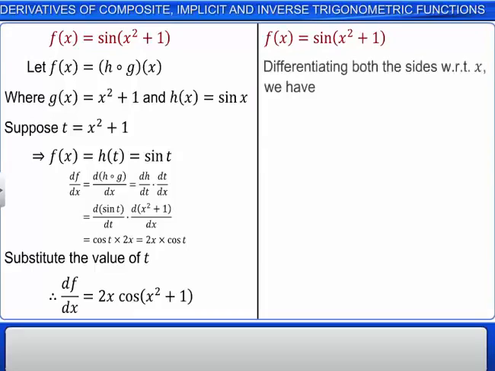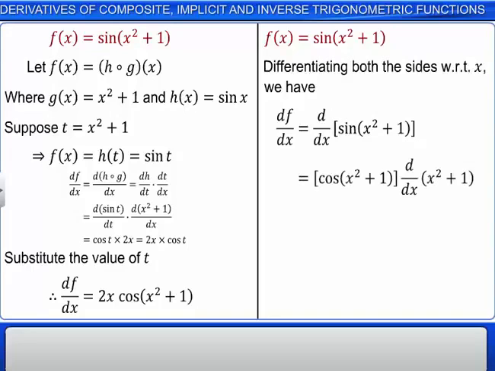Now, by the chain rule, we get cos of (x squared plus 1) into d by dx of (x squared plus 1). The derivative of x squared plus 1 with respect to x is equal to 2x. Hence, the derivative of the given function is equal to 2x into cos of (x squared plus 1).